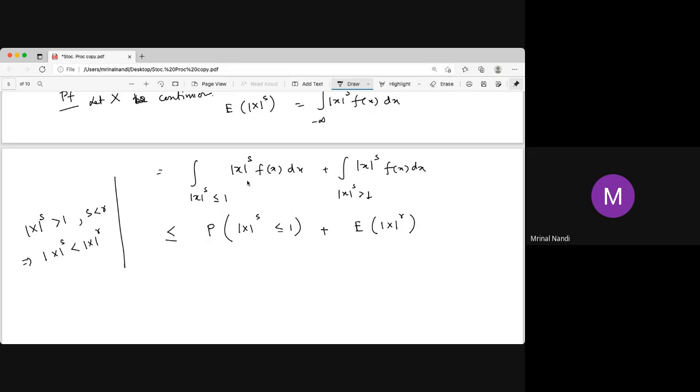Okay, so you just take one more line. The first part is less than or equal to 1, so we just replace it by that, and the second part we replace by |x|^r.